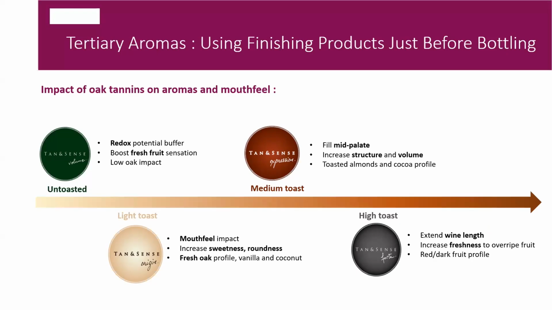So if you have, again, a wine that is a little bit flabby, or does not have too many aromas, or just dried fruit aromas, that can help to bring some more freshness and more dark or red fruits profile.